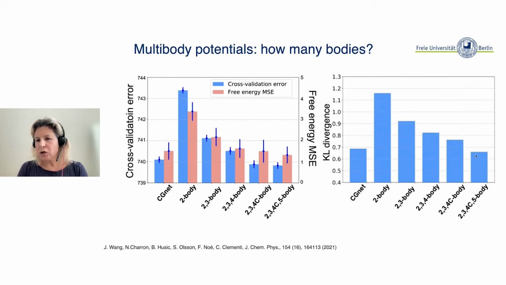And basically, the story is that you need to get up to 5 bodies to get to comparable performance as using a full neural network. So this was kind of a surprise for us, the slow convergence of this series. But again, it underscored the importance of multibody terms and complex multibody terms.